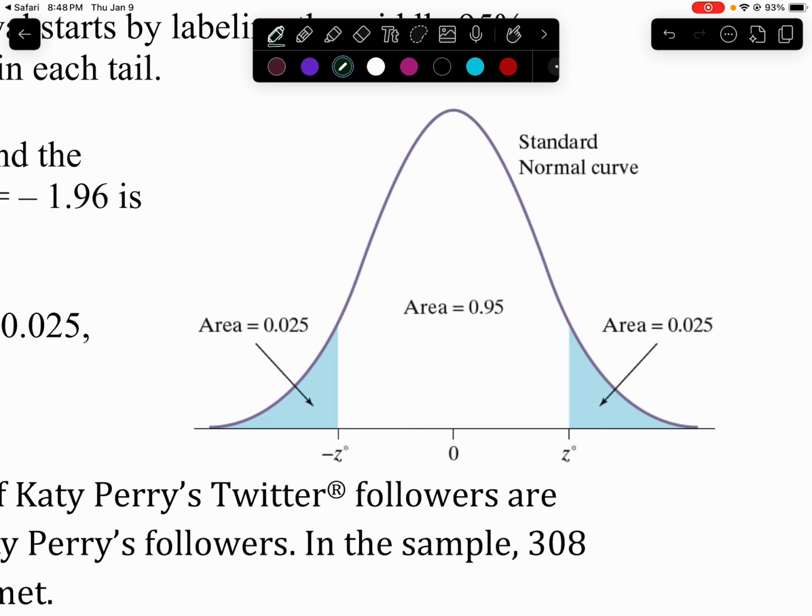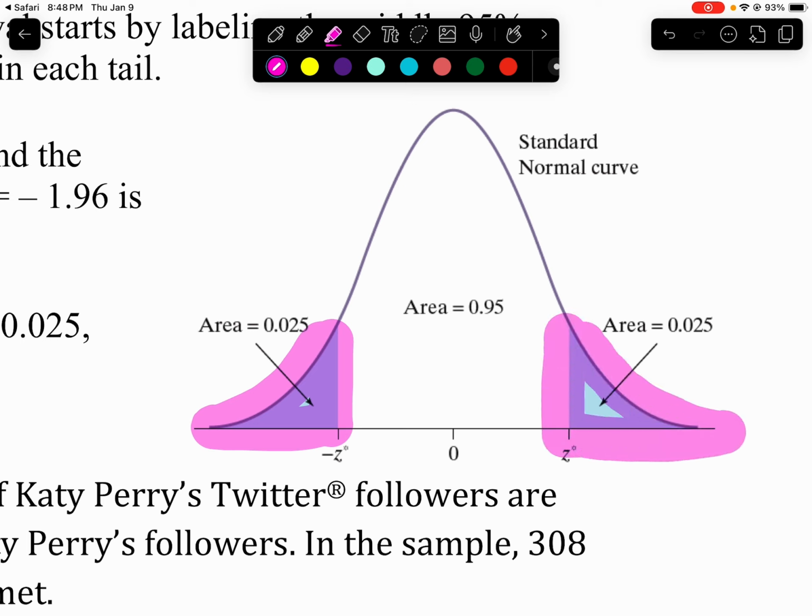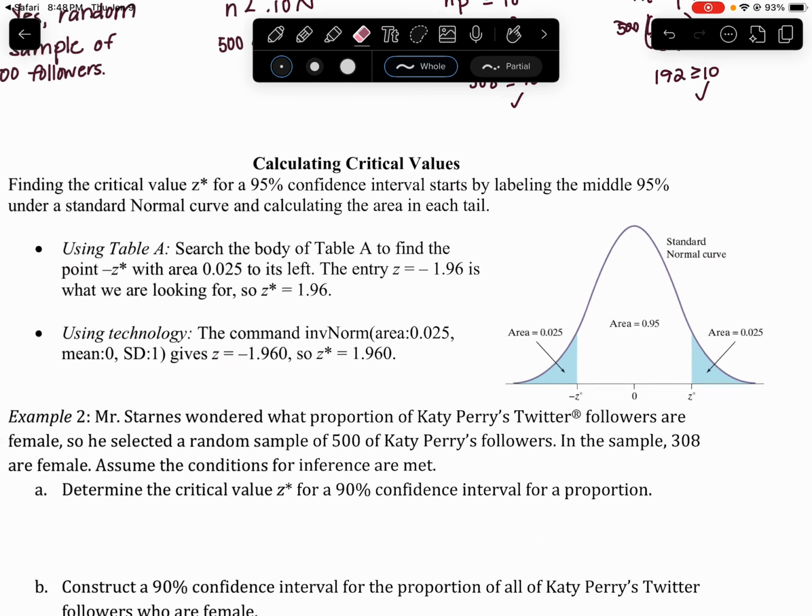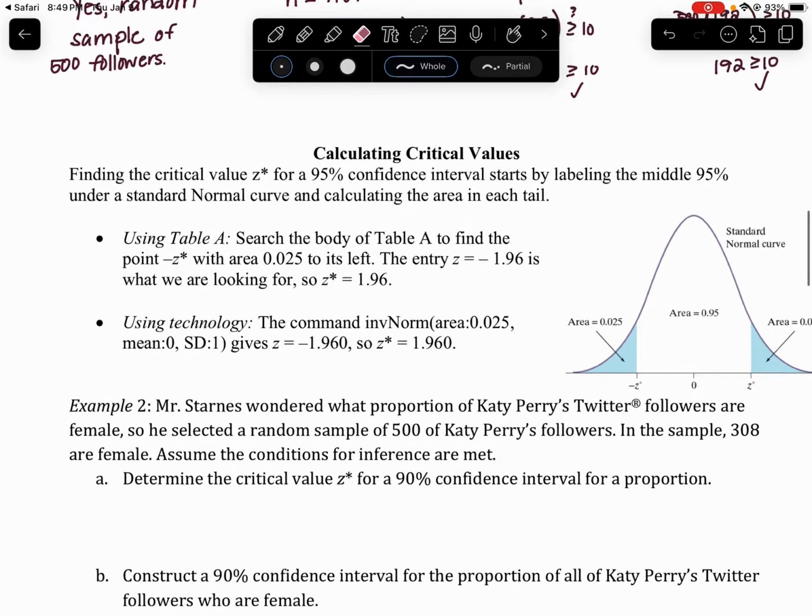The value in between is going to be our 95%, so that means we have 5% left between these two areas under the curve. So if I have 5% left between them, if we split that up, that's only 2.5% between both sides of our curve. So keep that in mind here in a little bit. So there's two ways to do this.